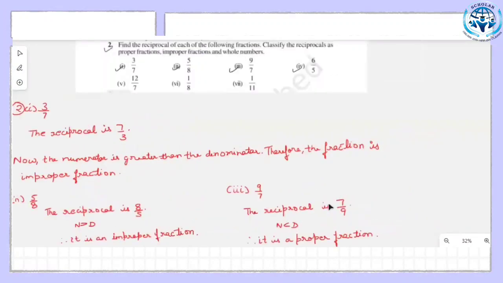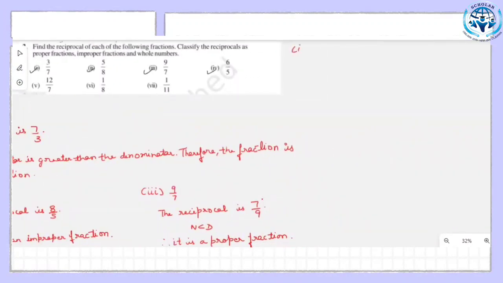Next is 6 by 5. The reciprocal is 5 by 6. This is a proper fraction.